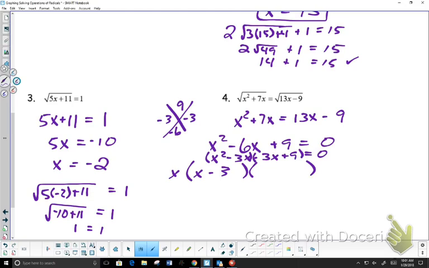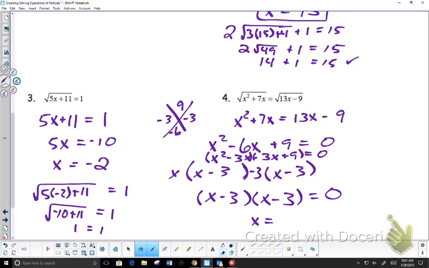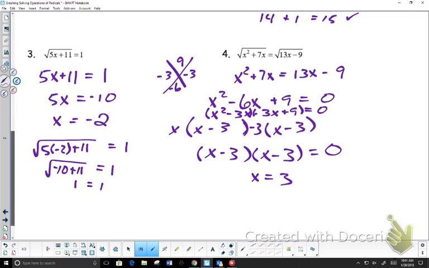Over here we would pull out, I wrote my things a little prematurely there. Let me erase that. Okay, so then over here we'd pull out our negative 3, leaving me with x minus 3. Okay, so now I got x minus 3, x minus 3. So that means our solution is x equals 3 because they're both the same. If you set them equal to 0 and solve, that would be your solution.